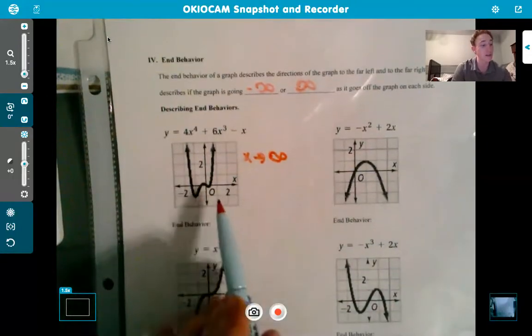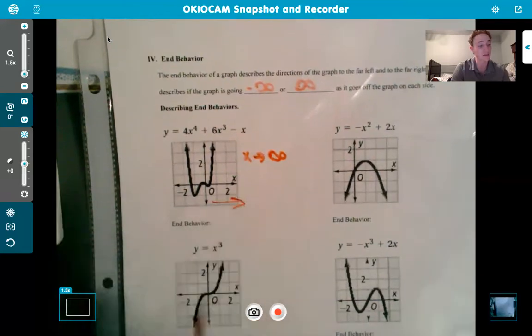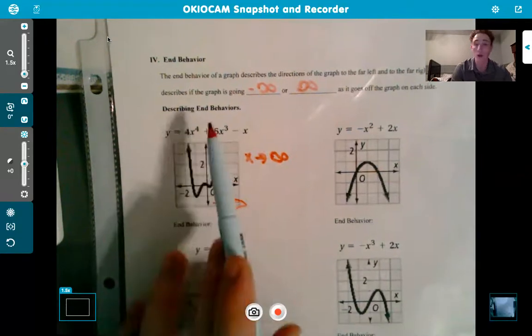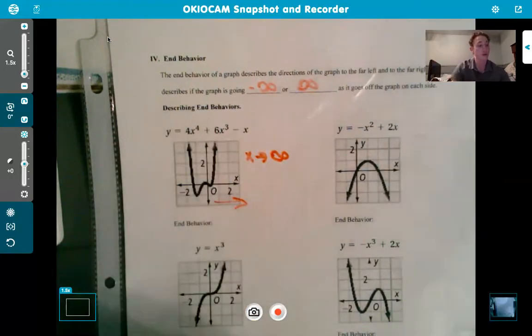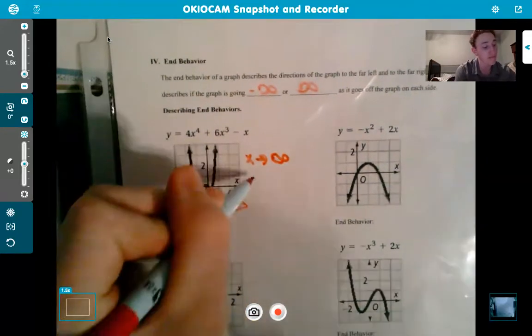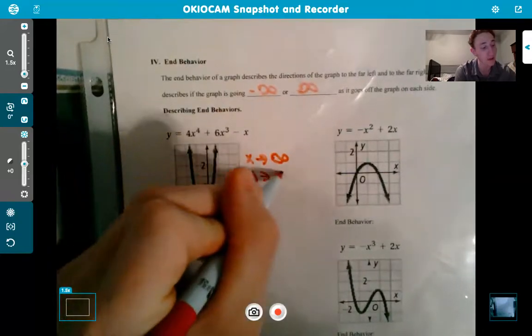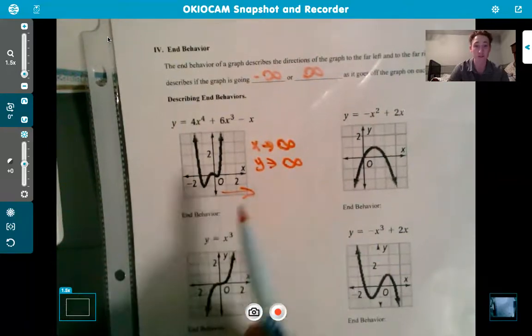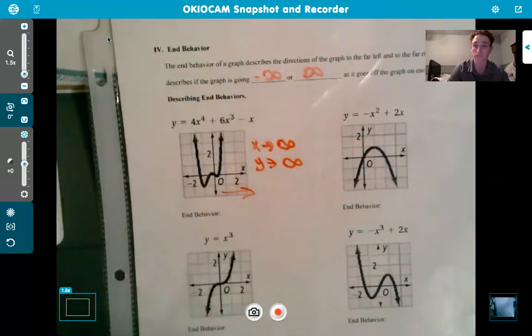As I look at the x in this direction, where's my graph going? Notice that the graph is continuing up, and it's going to go up forever and ever. So we say as x approaches infinity, then y is also approaching infinity. As I go to the x in this direction, my y is continuously going up.